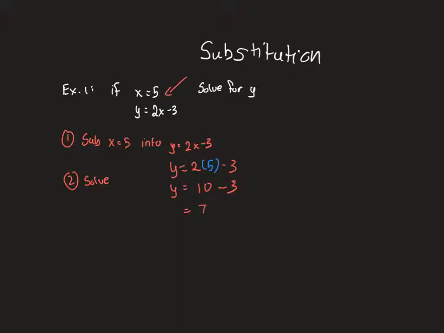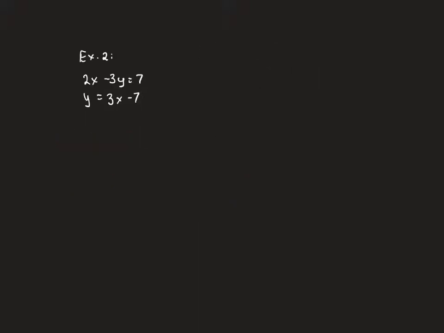And that's what we're going to see. Okay, so you can see in this question here, we are telling you to solve for the unknown. So in this question here, what's our unknowns? Well, we don't know what x is, we don't know what y is. Okay, so how would I do this question?